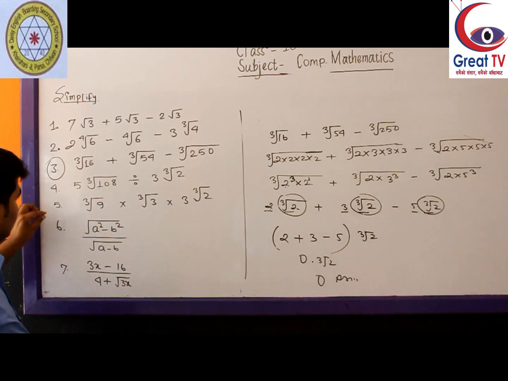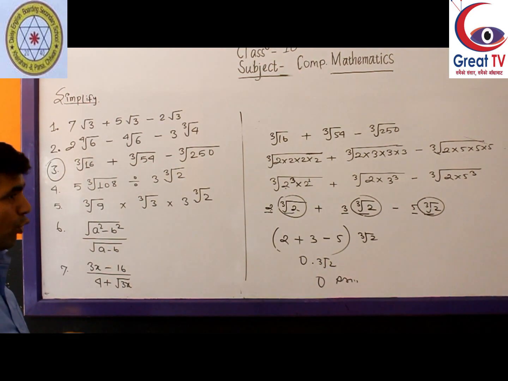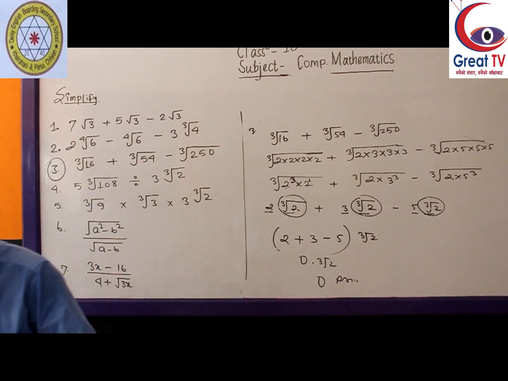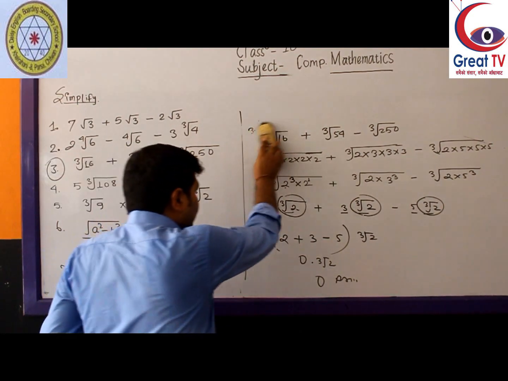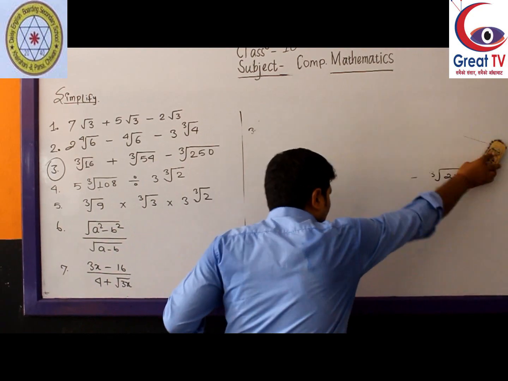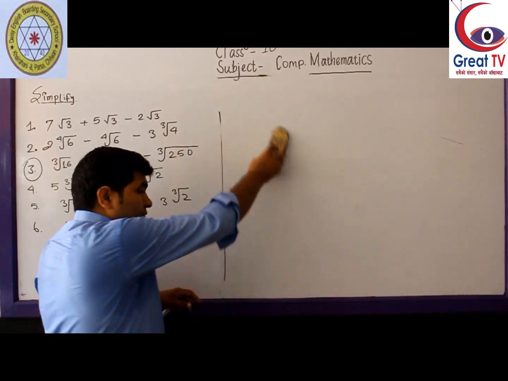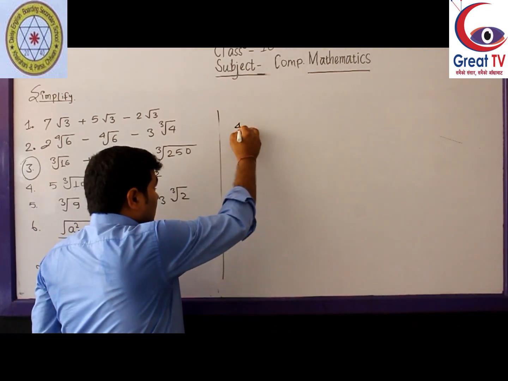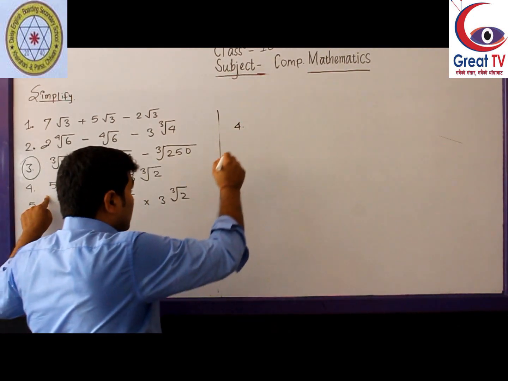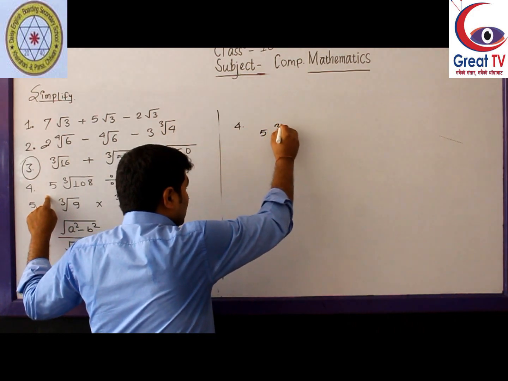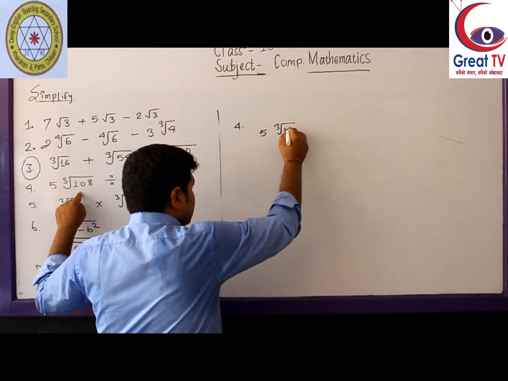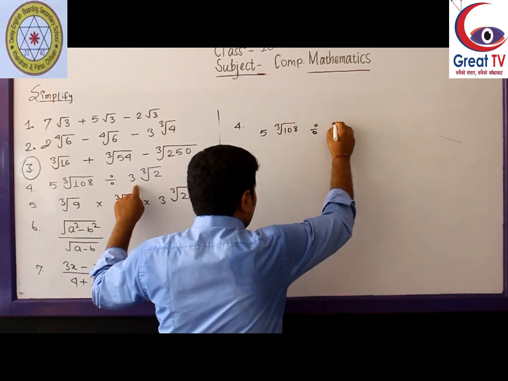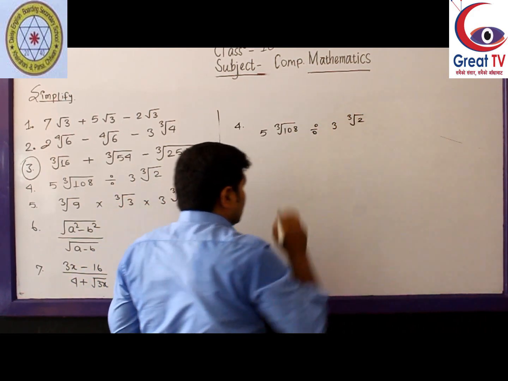Okay students, now question number 4. Cube root of 108 divided by 3 cube root under 2.